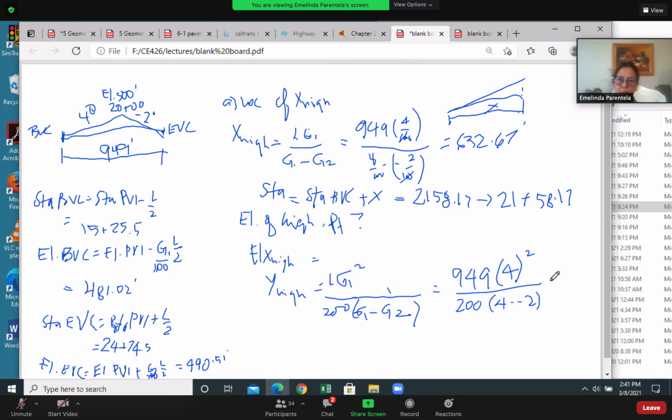So that will give you 12.65. So now that's our Y high, then you can determine the elevation.